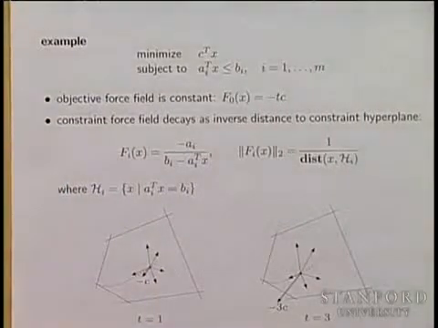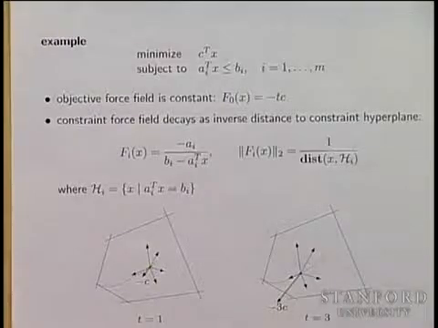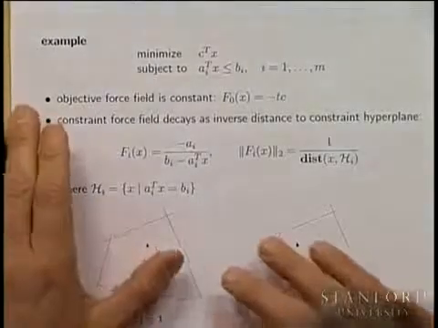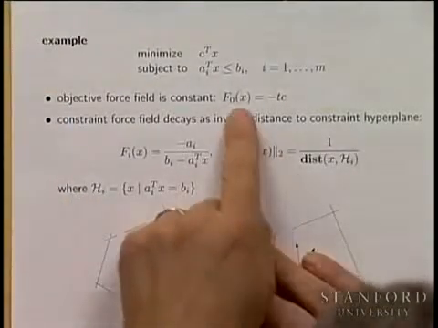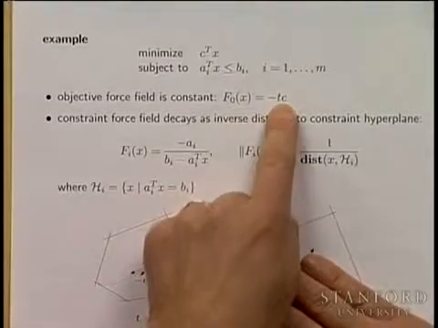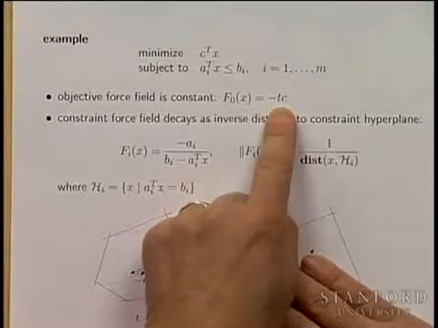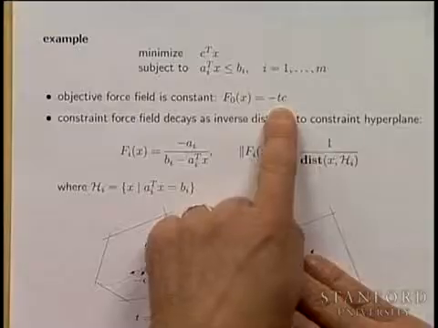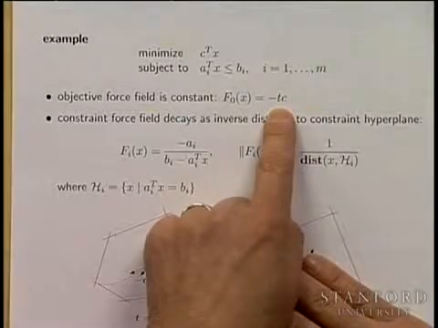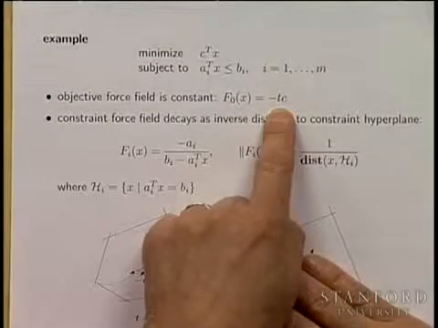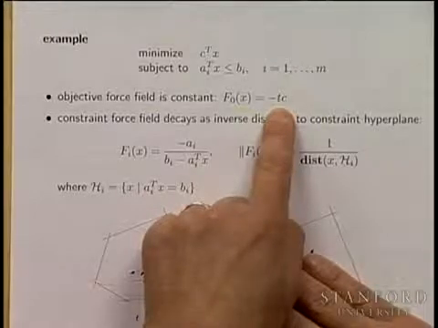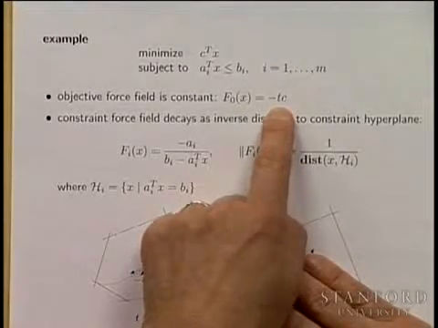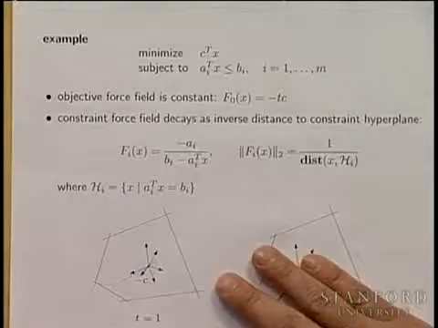Here's the way it works. My force field on top of this is simply in the direction c. By the way, if you like, you could make this gravity. So this could be g times whatever down. So it's simply a constant force field in the direction minus c.